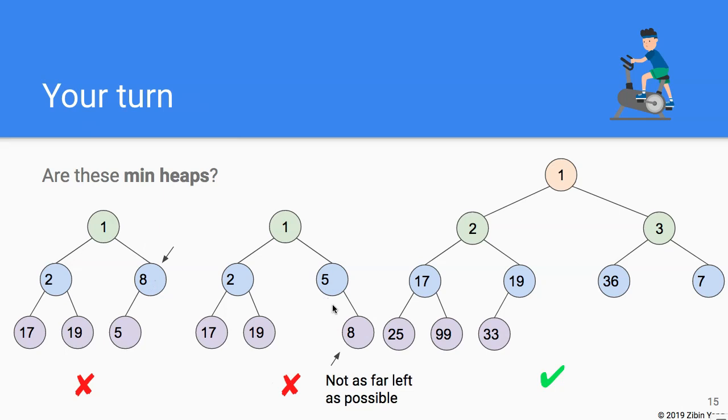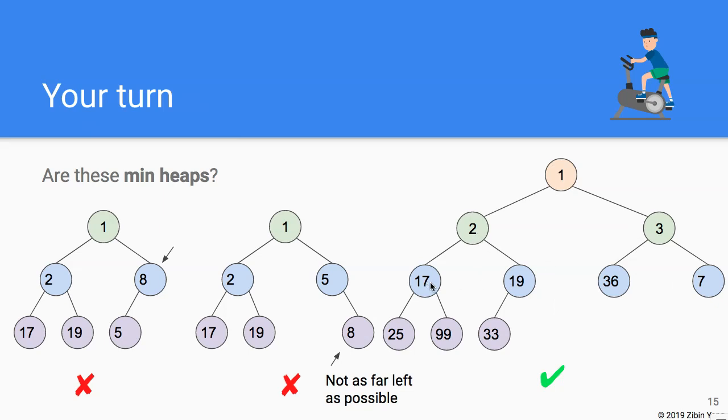What about the second one? Well, the second one doesn't satisfy the shape property, because at the last level, one of its nodes is not as far left as possible. There's a little hole here. And this last tree, though, it is a min heap because, first of all, it satisfies the shape property.